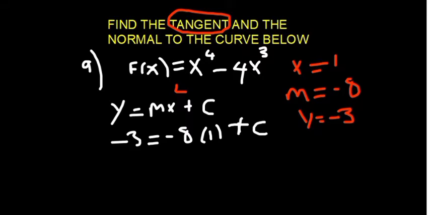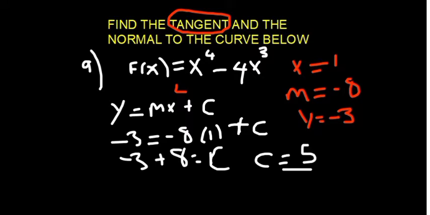So in that case, it's going to be -3, -8 by 1 is -8. When it crosses to the other side, it's going to be +8 plus c, or equal to c, sorry. So c, our c is going to be equal to -3 plus 8, which is 5. So we found our c to be equal to 5.